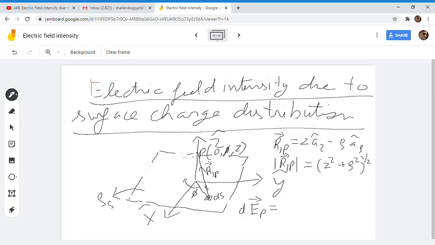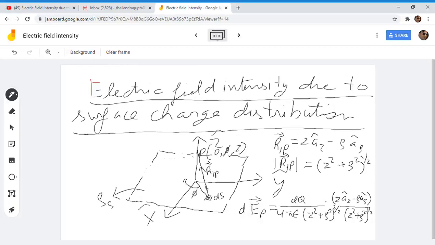So dE will be dQ upon 4 pi epsilon, z square plus rho square root whole square, and in which direction? In the direction of unit vector R1P. So we can write unit vector R1P. So this is z az minus rho a rho divided by z square plus rho square to the power 3 by 2.